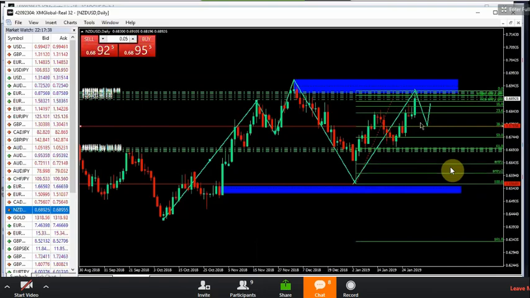Now the tricky part about this setup is we have a demand level right here, and we also have a major retrace level right here. The best thing about this setup is we have a demand level here, but we also have our 50% level near this level, right?